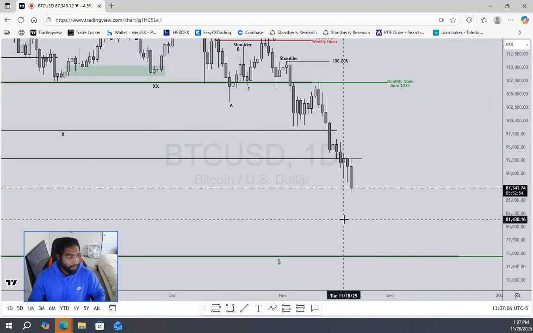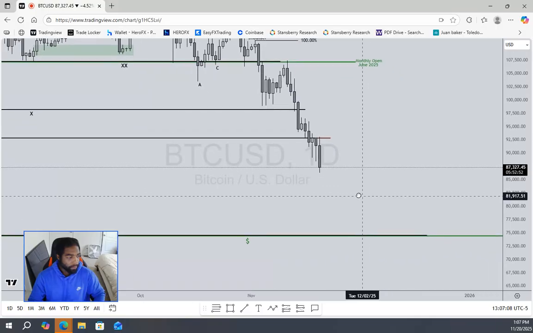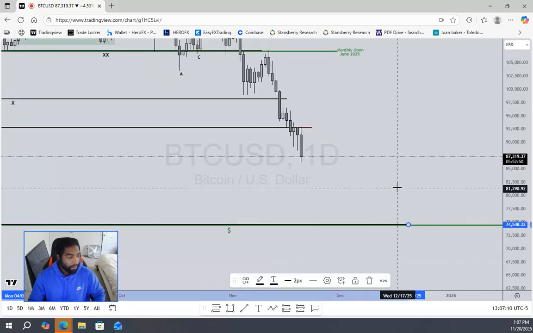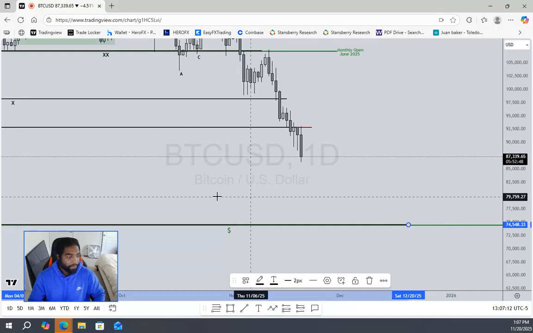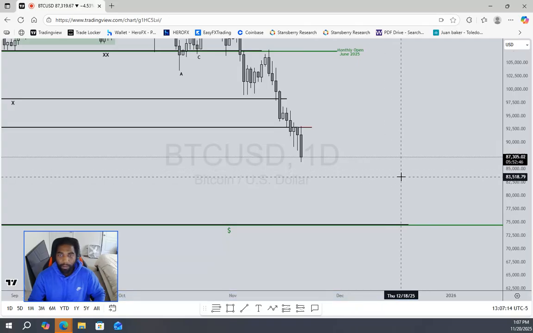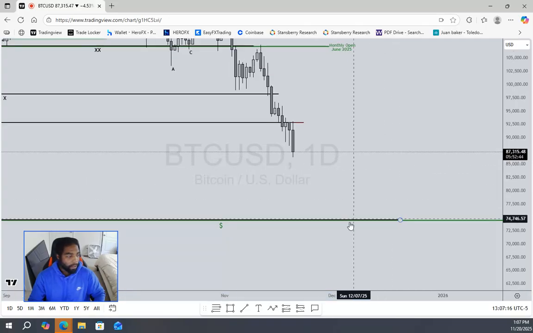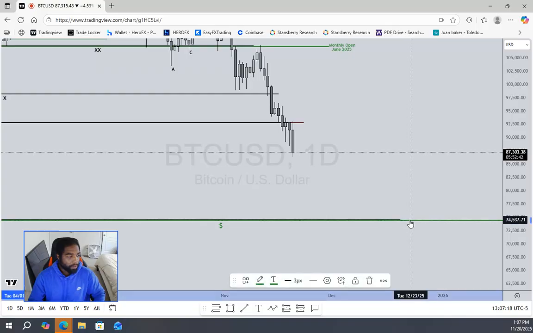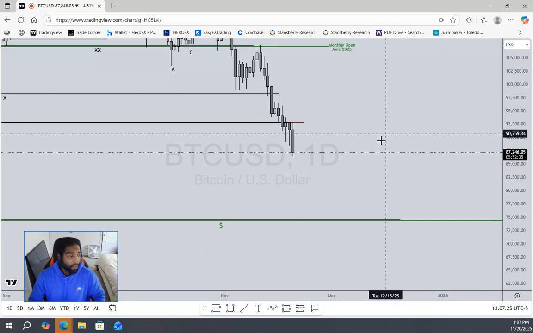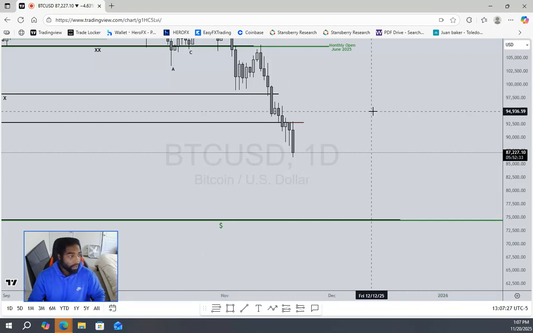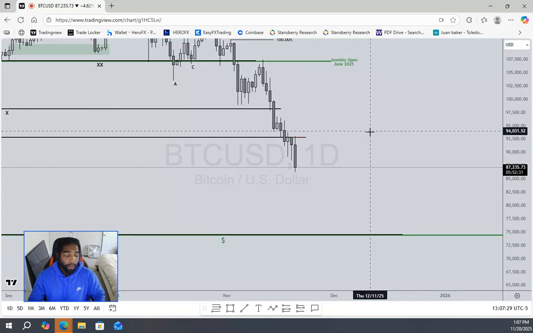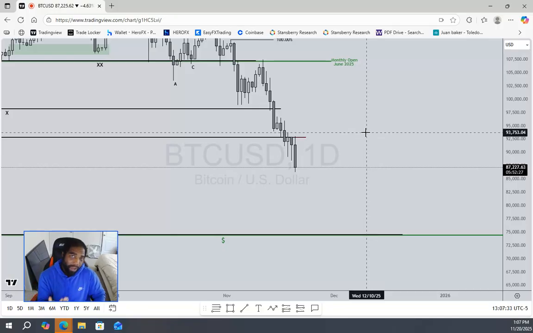So now we got this level here, 74,500. Equal weekly lows. We got monthly structure here. This is the monthly structure. Remember, price on the monthly time frame is encountering the bearish retracement.